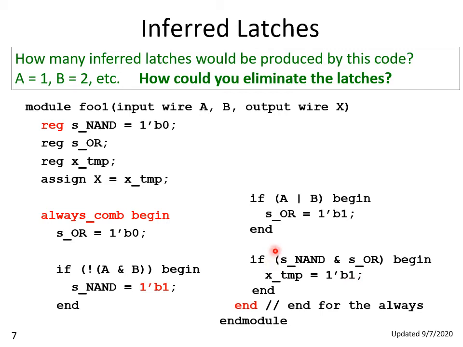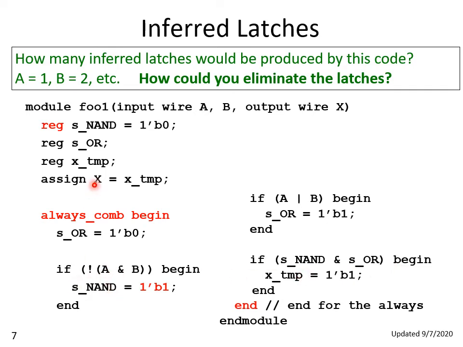Basically, this expression will describe the enable for the latch that holds the value of X temp. And really in this design, initially X temp would be unknown, but once a value of 1 is assigned to it, it's going to hold that value of 1 forever. But it's going to require a latch to hold that value when this expression isn't true. So we've got a latch for X temp, we've got a latch for S NAND.